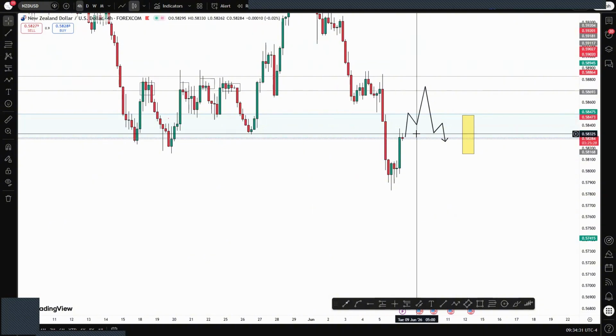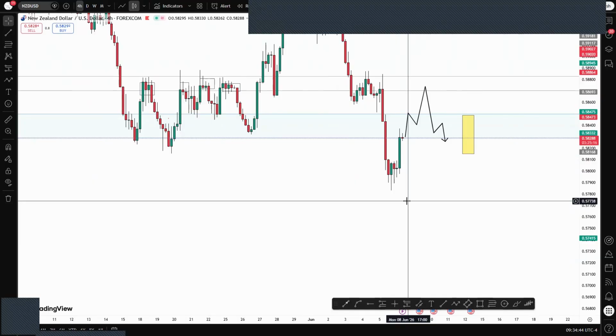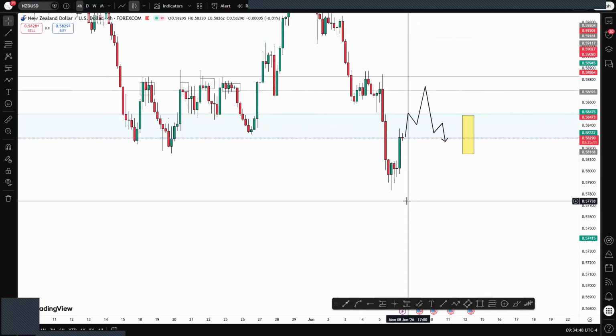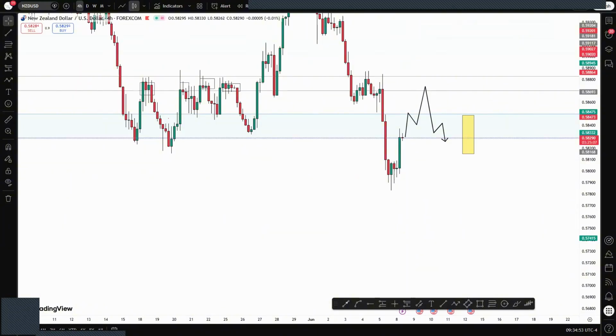So whenever we get that shift, price will simply give us the perfect entry we need. It won't be 100% perfect, but it will be just reasonable enough for us to risk our capital, you know.